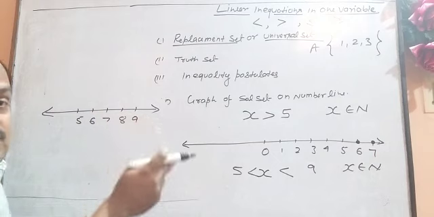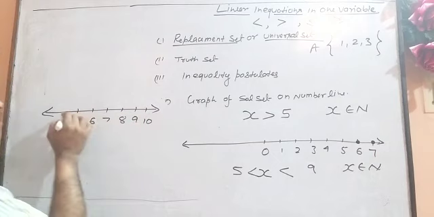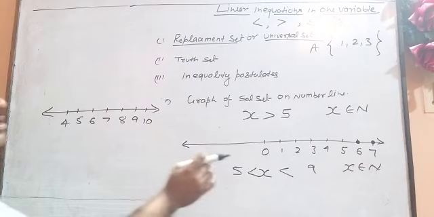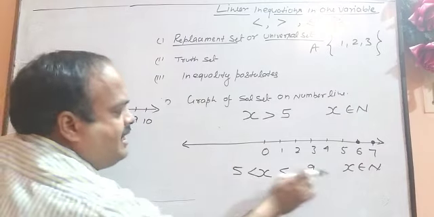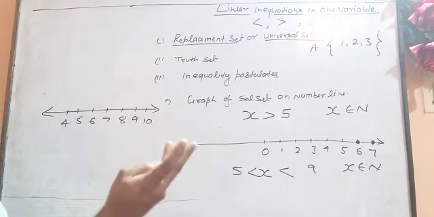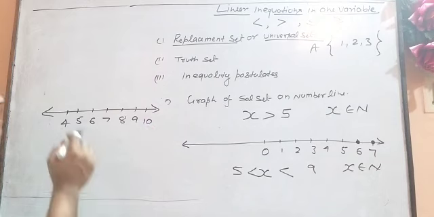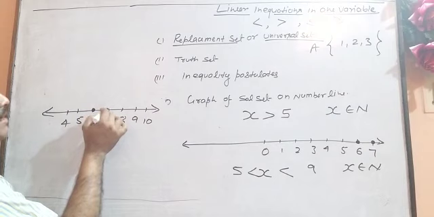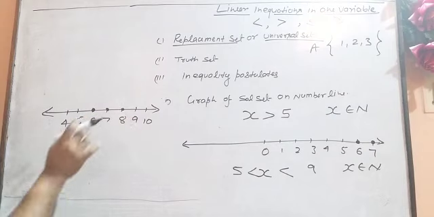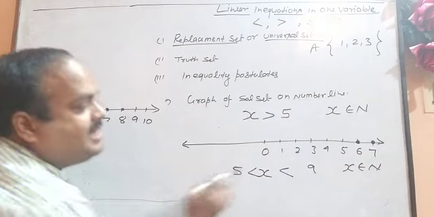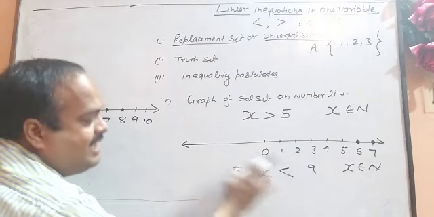As I said, we need to have extra numbers, 10 and 4. Between 5 and 9, we have natural numbers 6, 7, 8. So what shall we do? We will put the dots over 6, 7 and 8. So this is the graph for this range.